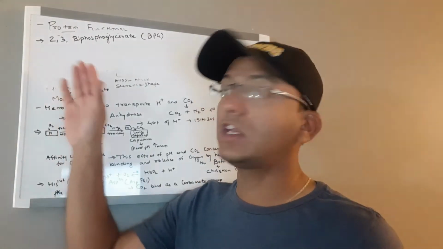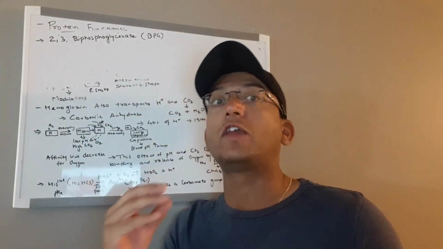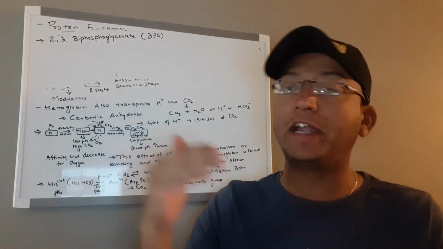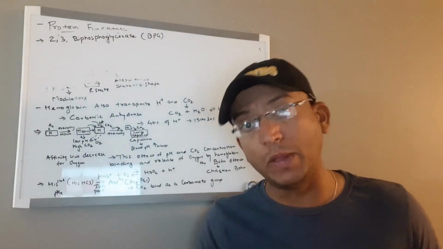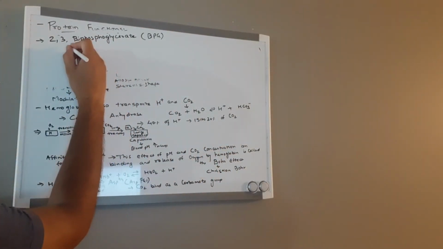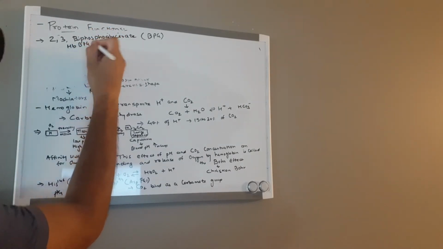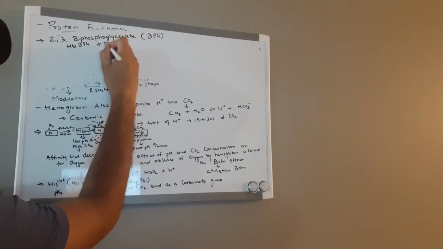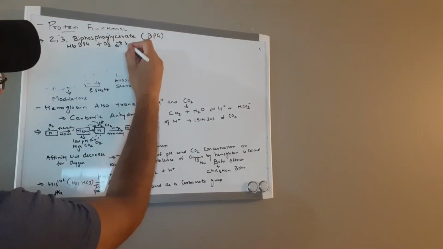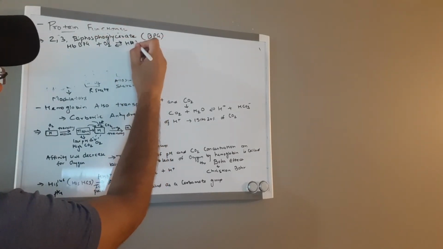So this 2,3-bisphosphoglycerate is known to greatly reduce the affinity of hemoglobin for oxygen. There is an inverse relation between the binding of oxygen and the binding of BPG. So we can say that the reaction is hemoglobin and BPG together, and the oxygen binding, and this is reversible, right?